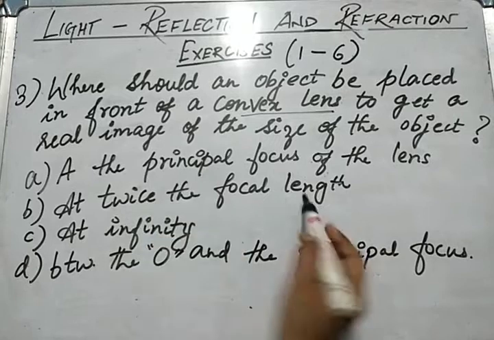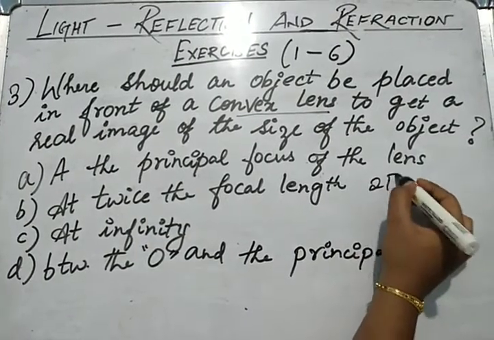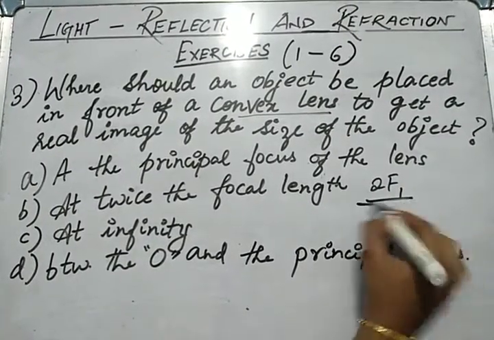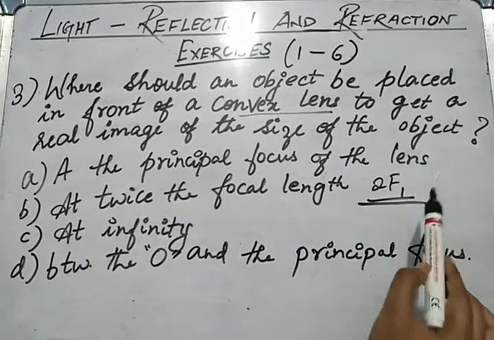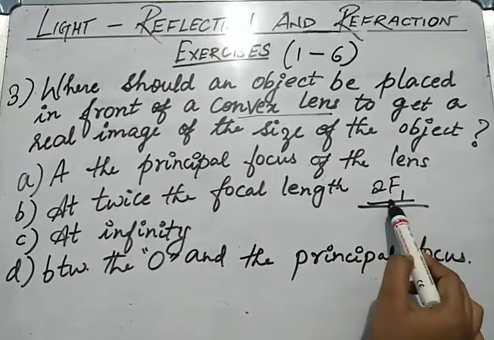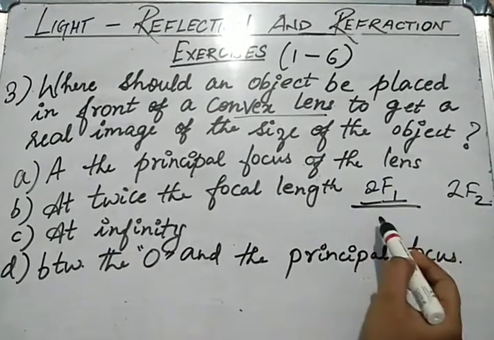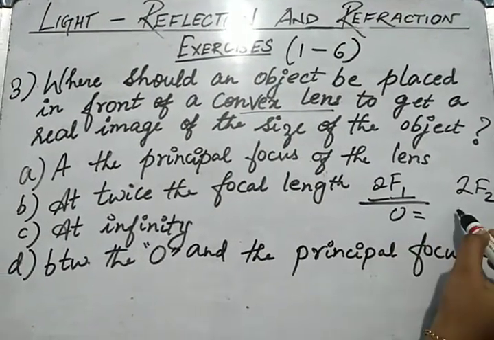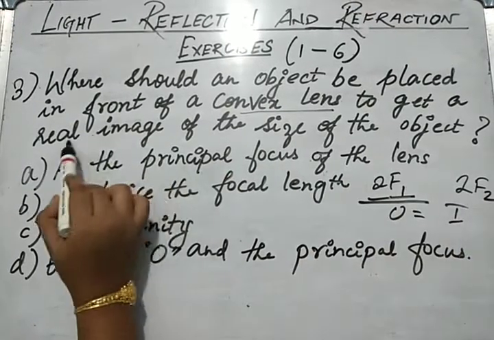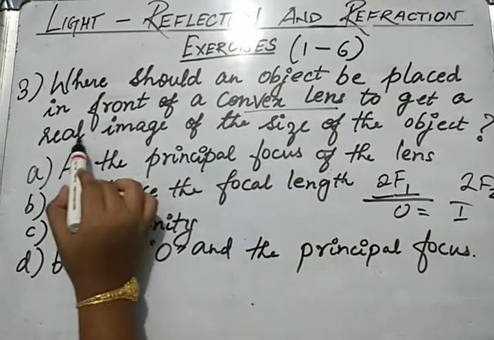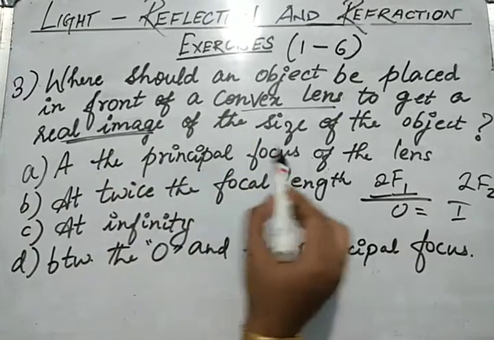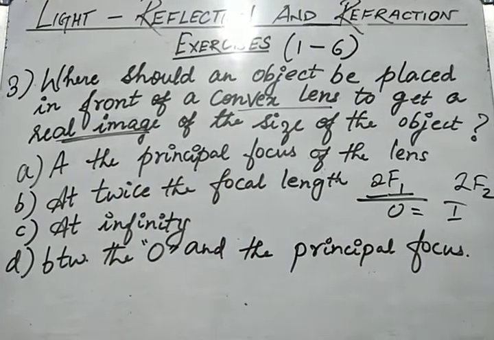So twice the focal length means 2F1. That's what we saw. When the object is placed at 2F1, the image is formed at 2F2 and the size of the object is equal to the size of the image. This is the condition, and here it is a real image. The image is also real.